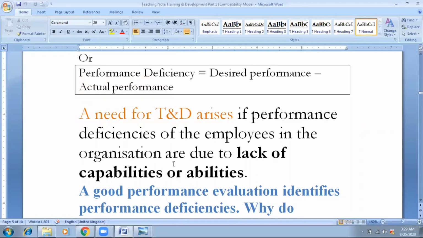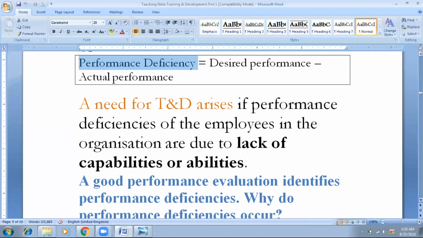Okay, so a need for T&D arises if performance deficiencies of the employees in the organization are due to lack of capabilities or abilities. So there may be several reasons for performance deficiency. One reason is lack of capabilities or abilities. The relevant employee has no right abilities to perform. Then it is possible to experience performance deficiency.